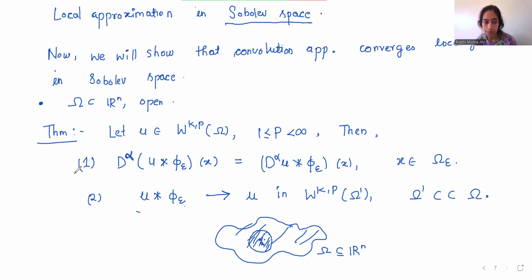To prove the first statement, we will use integration by parts two times. We can transfer the convolution to the first function because we know that the function has a weak derivative.